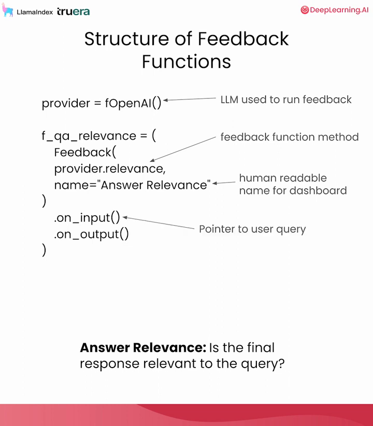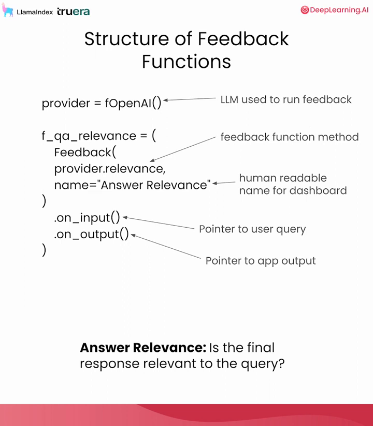we run it on the user input, the user query, and it also takes as input the final output or response from the app. So given the user question and the final answer from the RAG, this feedback function will make use of an LLM provider such as OpenAI GPT 3.5 to come up with a score for how relevant the response is to the question that was asked.